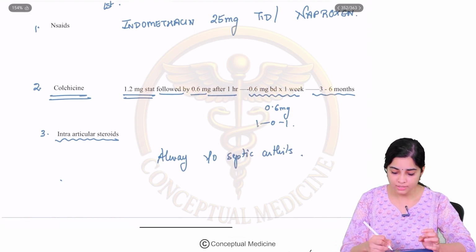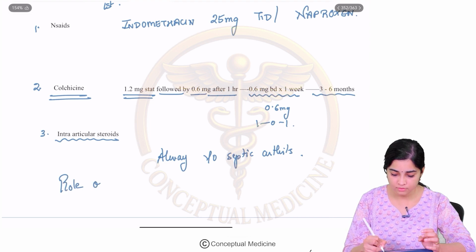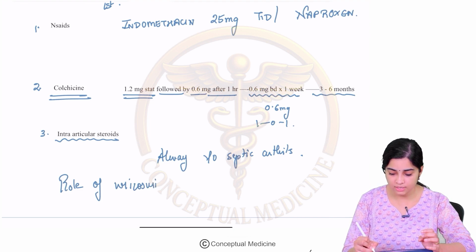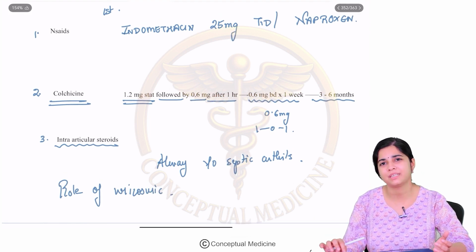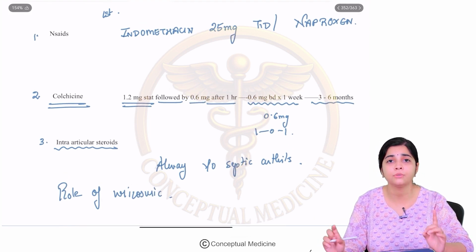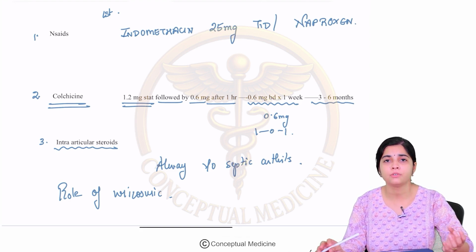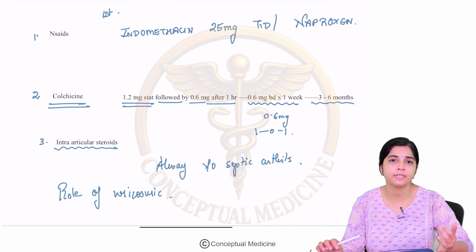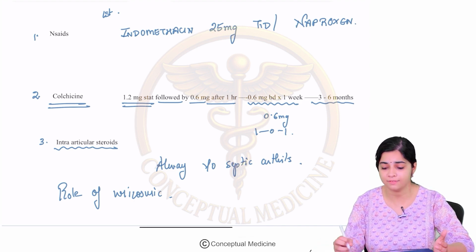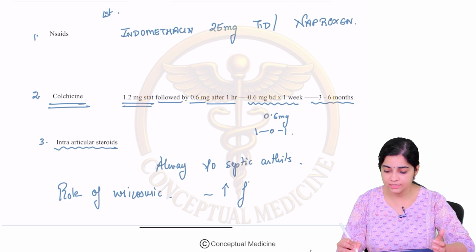Okay, what is the role of uricosuric agents, or drugs which are useful in reducing the uric acid levels in the body, in acute gout? So in acute gout, if you give allopurinol or febuxostat, which are basically drugs which help in reducing the uric acid levels, it can increase the flare.